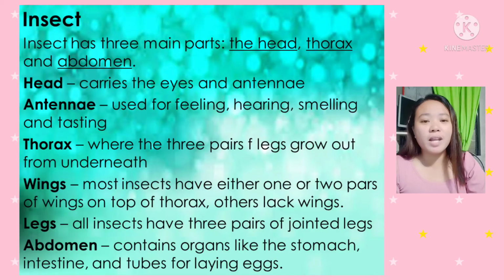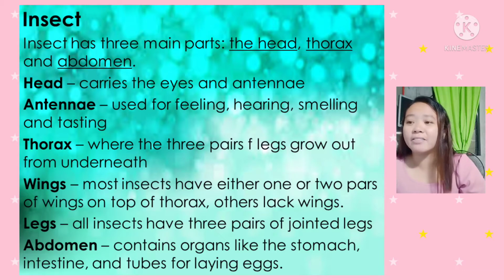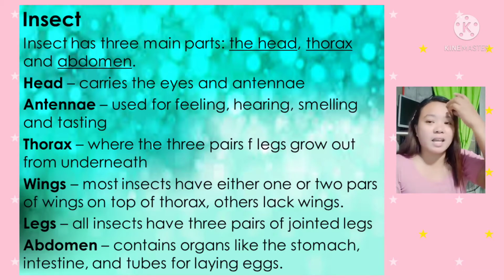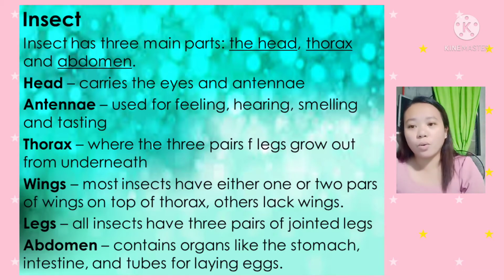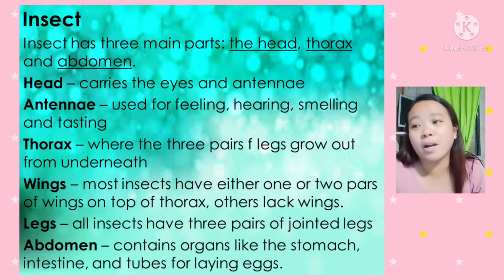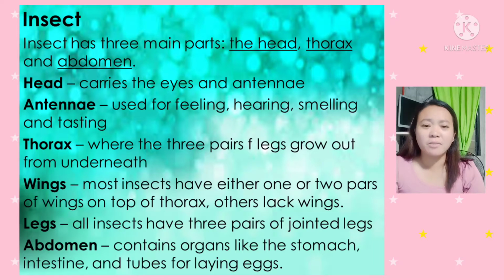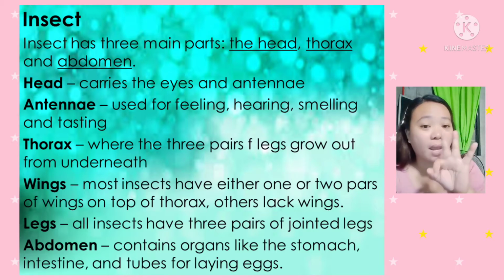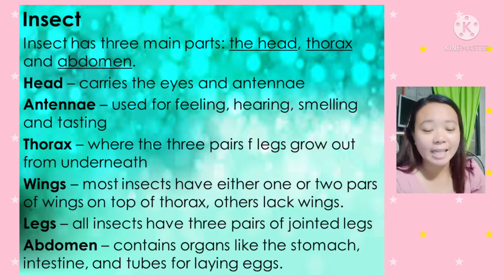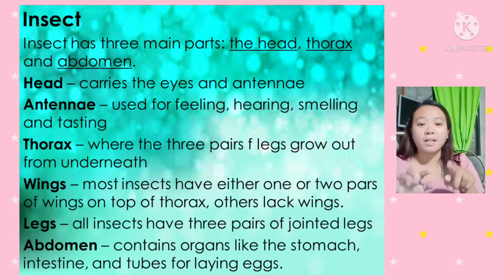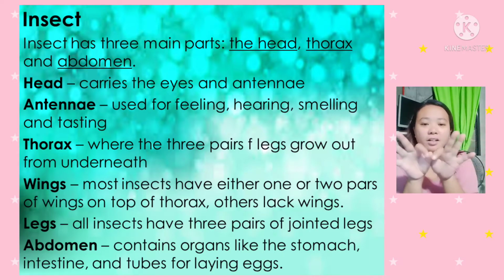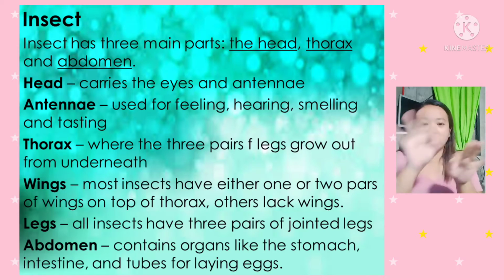Also, insects have wings, and most insects have one or two pairs of wings on top of the thorax, but others lack wings. Legs: all insects have three pairs of jointed legs. So three pairs: 1, 2, 3, 1, 2, 3.